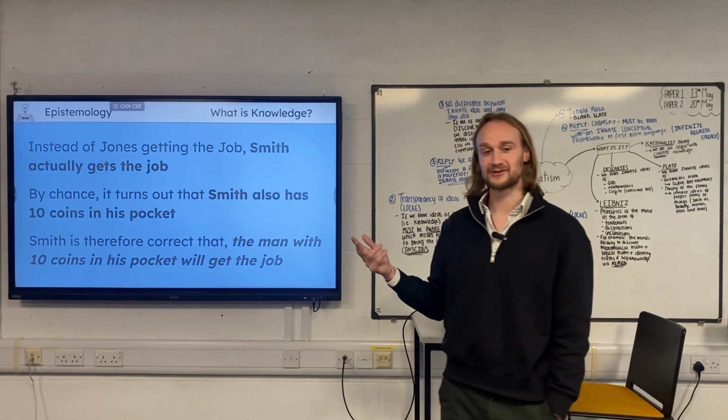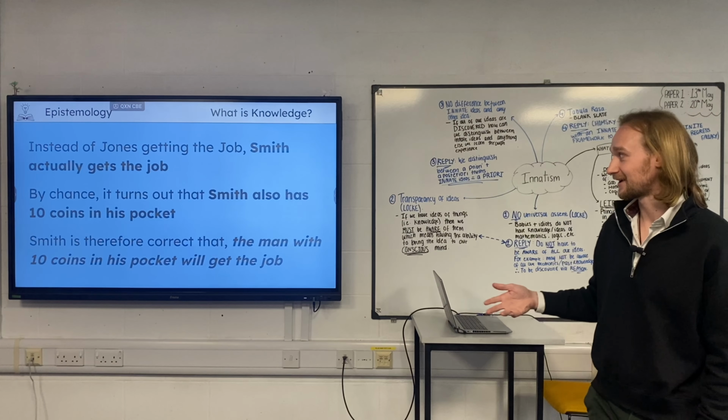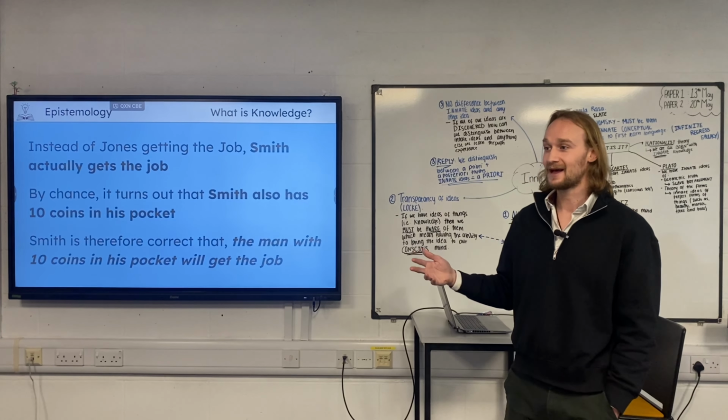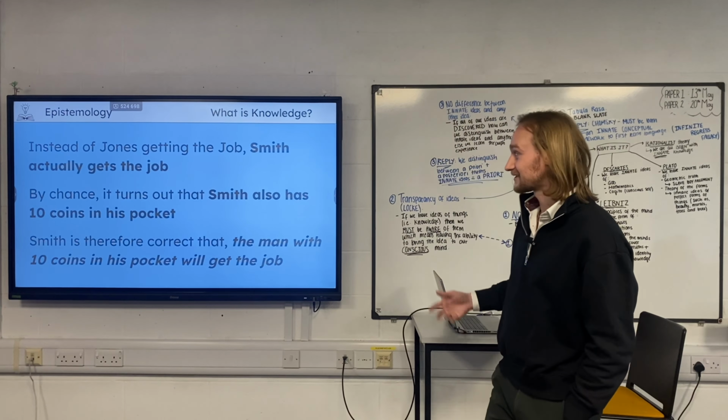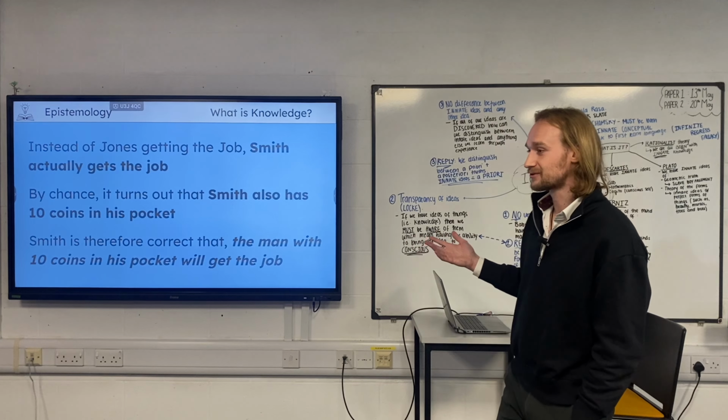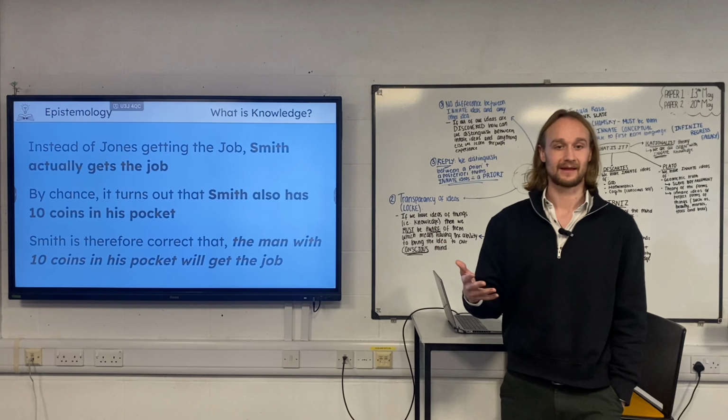Instead of Jones getting the job, actually Smith gets the job. Okay, so it turns out that Smith actually gets the job, and also, circumstantially, Smith has 10 coins in his pocket. So his conclusion that the man with 10 coins in his pocket will get the job turns out to be true, even though it wasn't Jones who got the job. It was actually Smith.